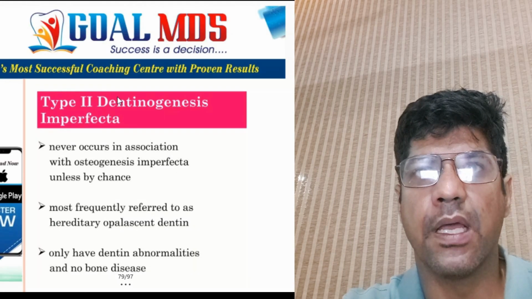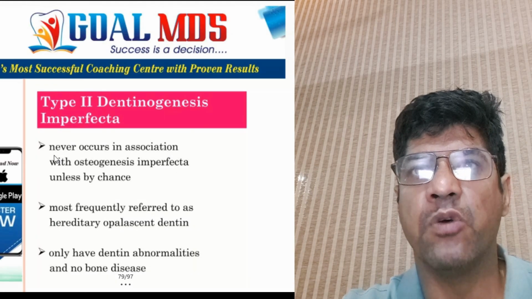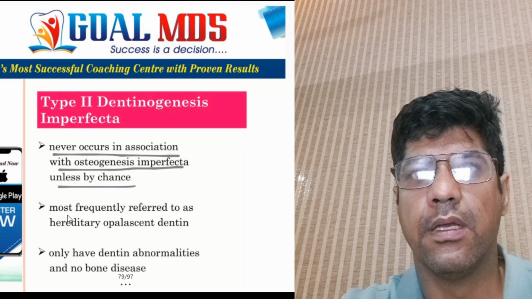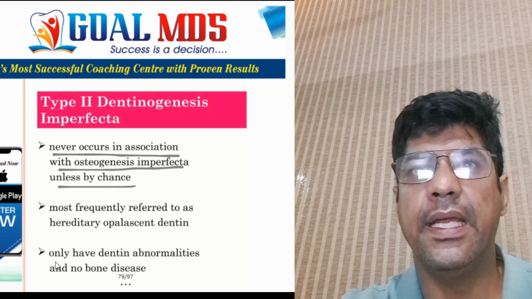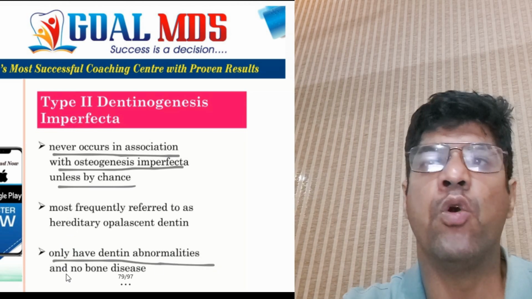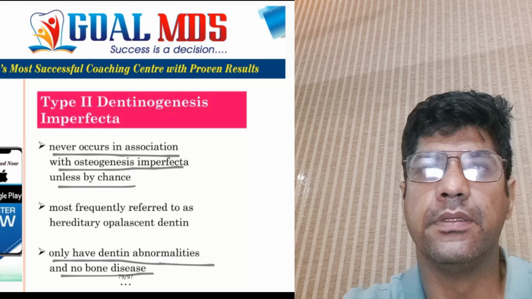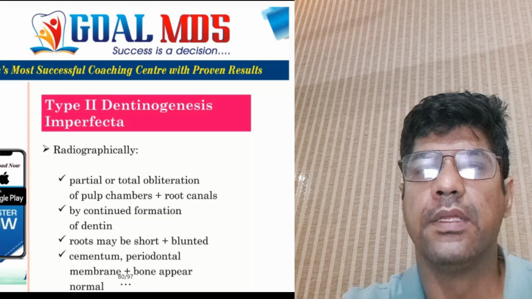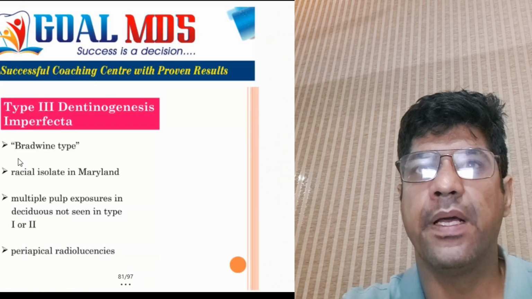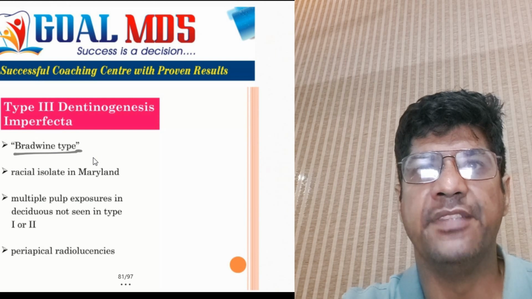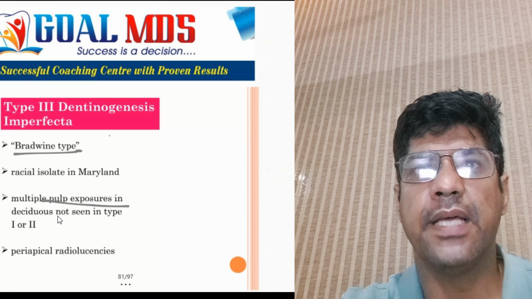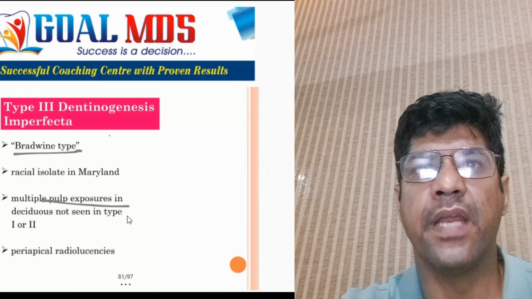Type 2 never occurs in association with osteogenesis imperfecta, so it will have only dentine abnormalities and no bone disease. Type 3 is the Brandywine type. As discussed earlier, there are multiple pulp exposures in deciduous teeth, which are not seen in type 1 and type 2.